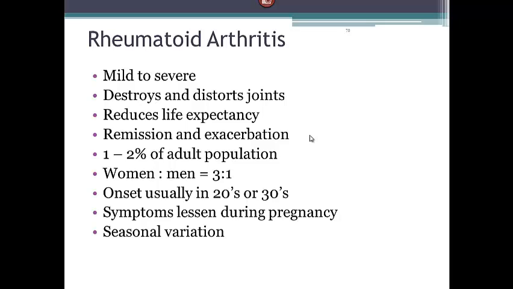It destroys and distorts the joints, and reduces the life expectancy of the patient. Patients complain of remission and exacerbation. There is a big difference between women and men, with a ratio of 3:1. The onset could be between 20 to 30 years old, and there is juvenile rheumatoid arthritis. The symptoms lessen with pregnancy, and it has a seasonal variation.